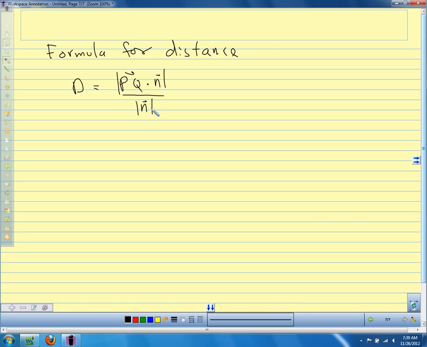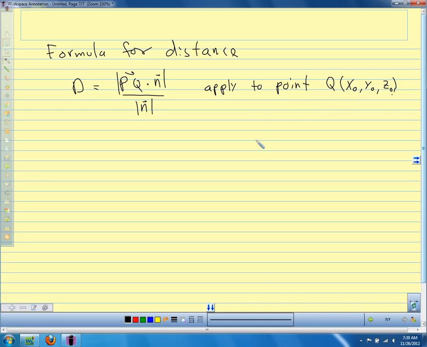And I'm going to apply this to some arbitrary point Q, which we'll say is x0, y0, z0. This is the point we want to find the distance to from the plane.